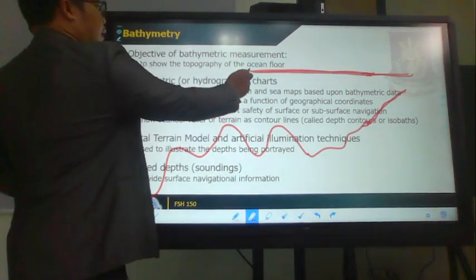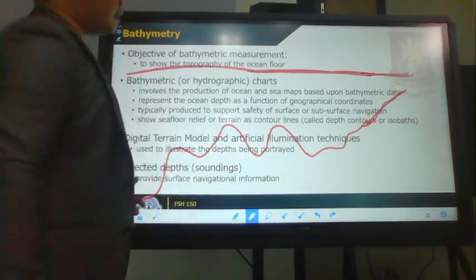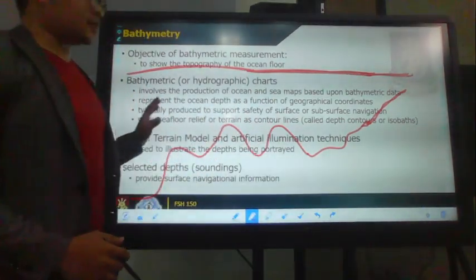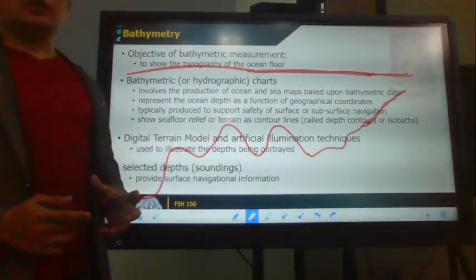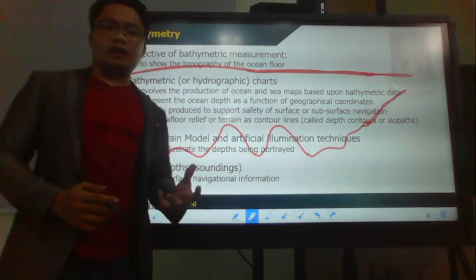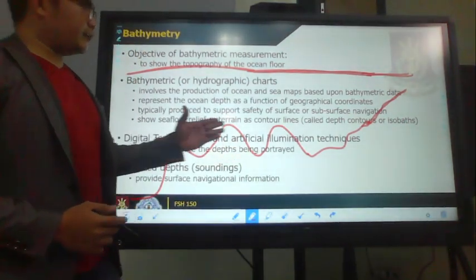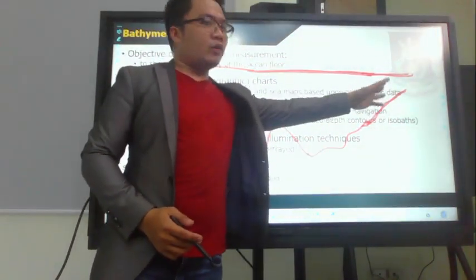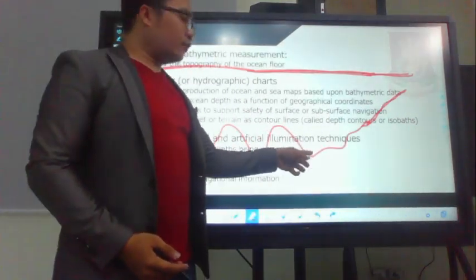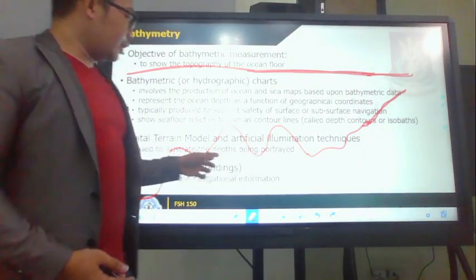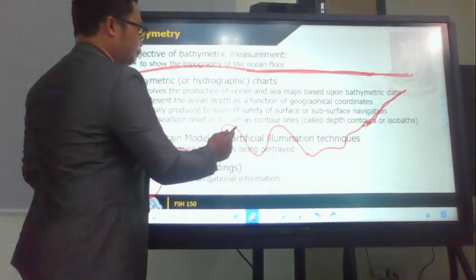So ang science ng bathymetry is basically to assess the level of the ocean floor of a certain water environment, no? So gina-assess natin, say for example, these ones here are colored blue, yung mga mabababaw. Itong dito are colored red. Itong dito naman are colored green.